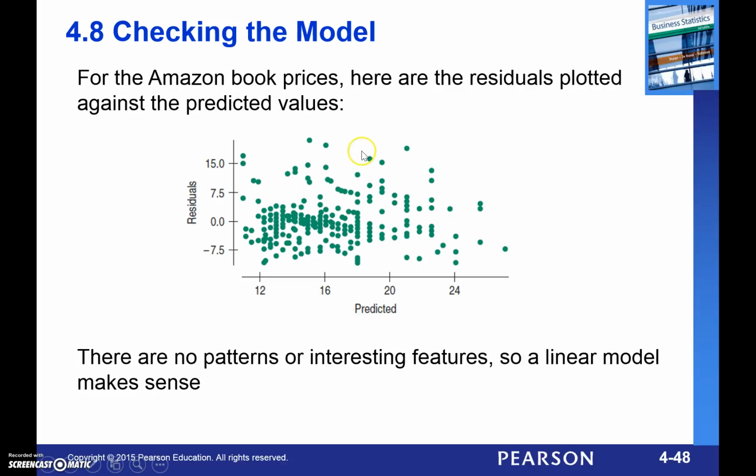So here's an example: Amazon book prices. What we do is we take the predicted values for the book prices and the residuals. Again, 0 means the observed data is exactly the same as the prediction. Positive residuals mean that, if we have 7.5 here, the observed price for the book was $7.50 larger than our prediction.